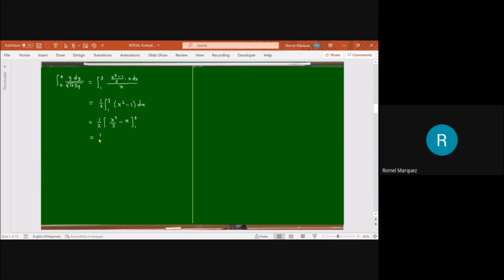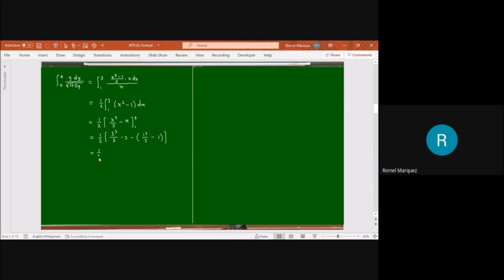So getting 1/2. So this is equal to 9 times 9. This is 27. Can I do that mentally, guys? Or do I have to write? 3 cubed over 3 minus 3. Then minus the value of this inside when x is 1. So that is 1 cubed over 3 minus 1.